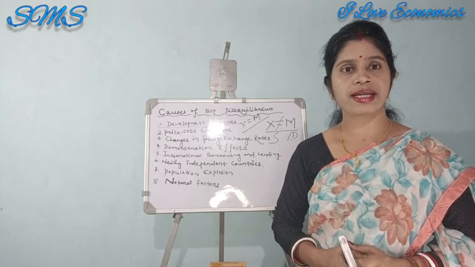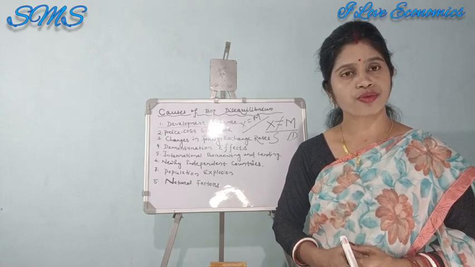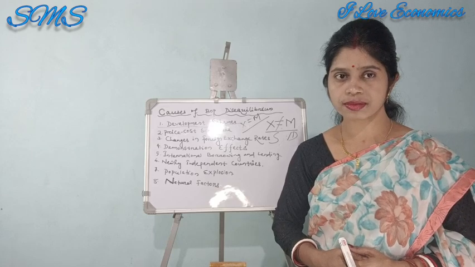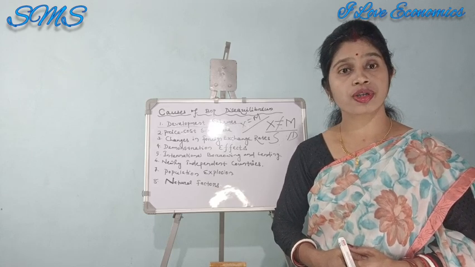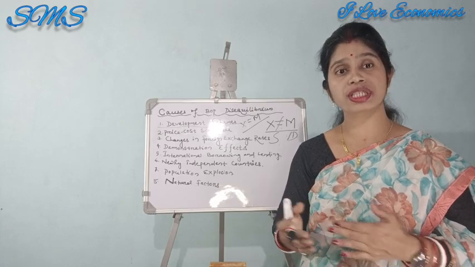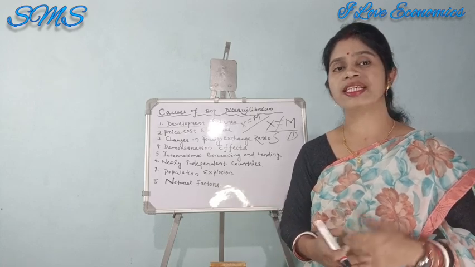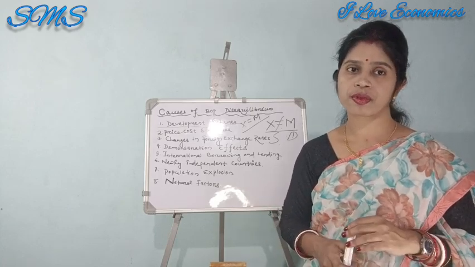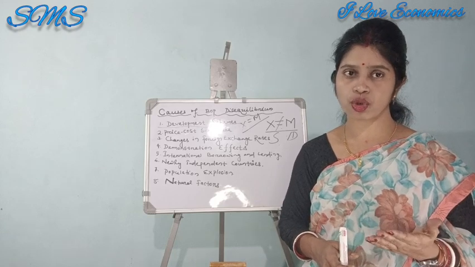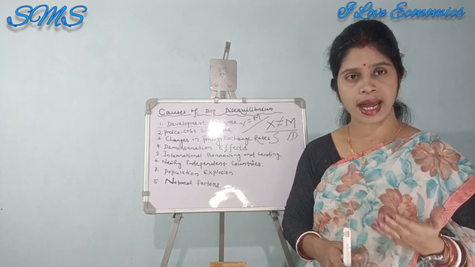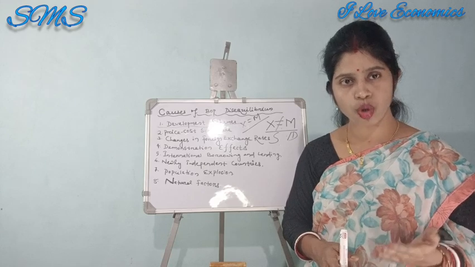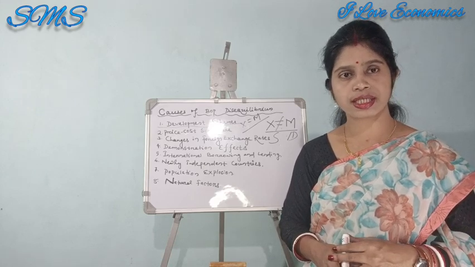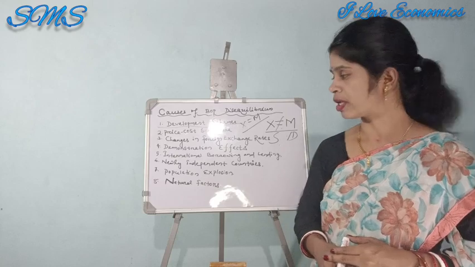That's why they depend upon foreign countries for importing items. So import is greater than export, the balance of payment will be in deficit, and deficit is also unfavorable, negative, minus, and this is known as disequilibrium of balance of payment.